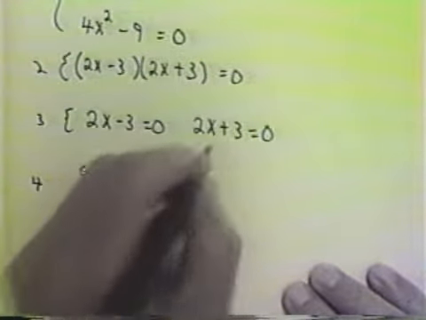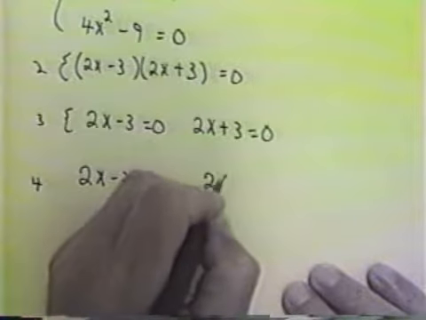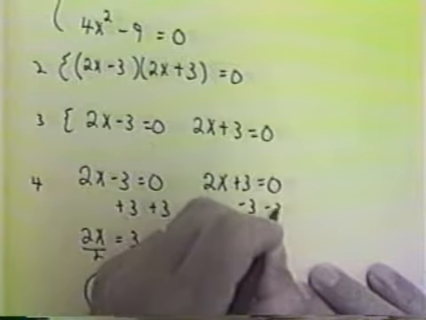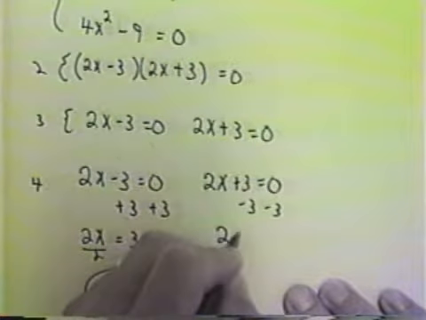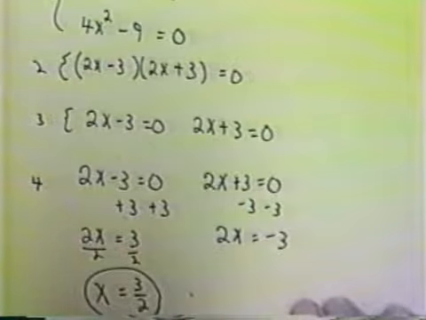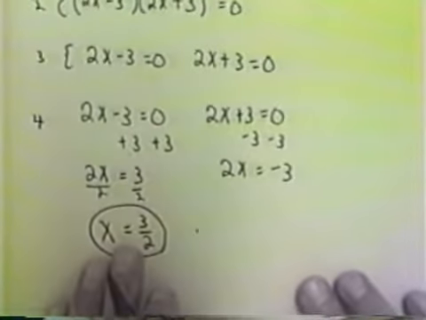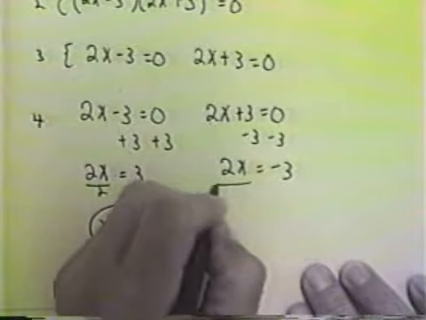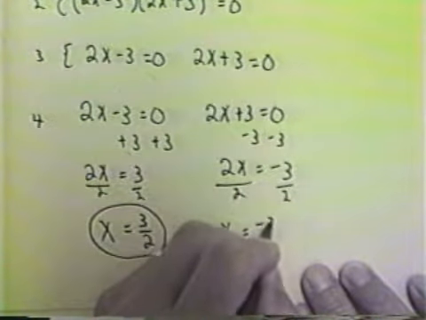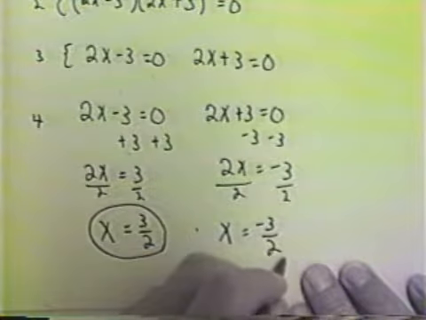Here we have 2x plus 3 is equal to 0. So I add negative 3 to both sides, which gives me 2x is equal to negative 3. Now I divide both sides by 2 to get x is negative 3/2.